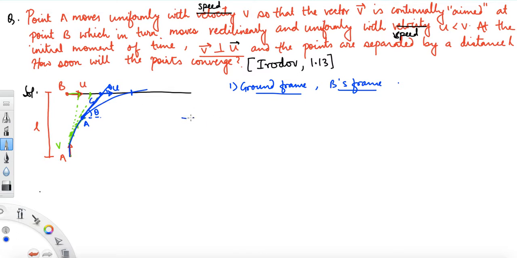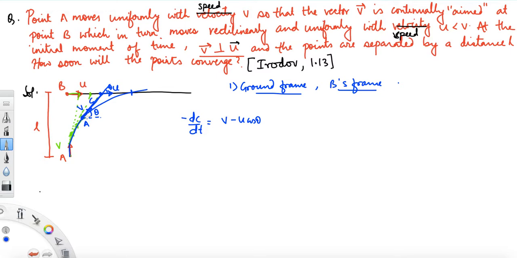Then we can say minus dc over dt is equal to v minus u cos theta, the relative velocity of approach along this line.